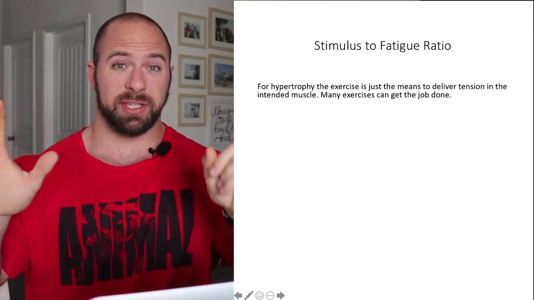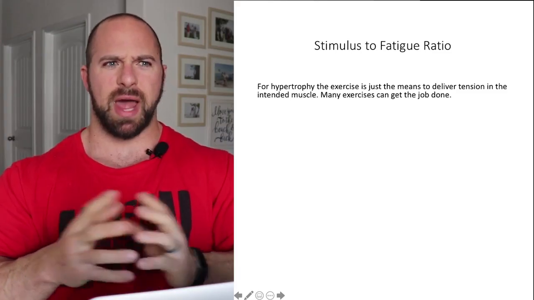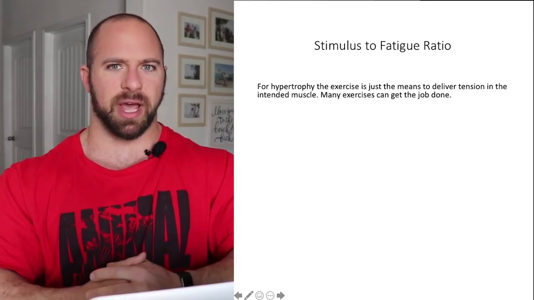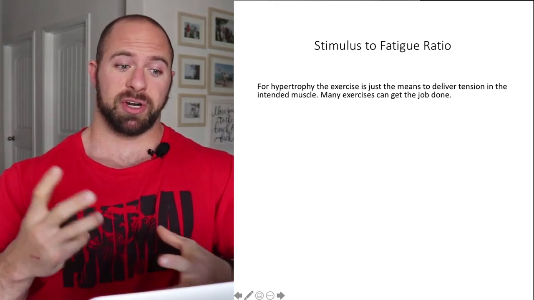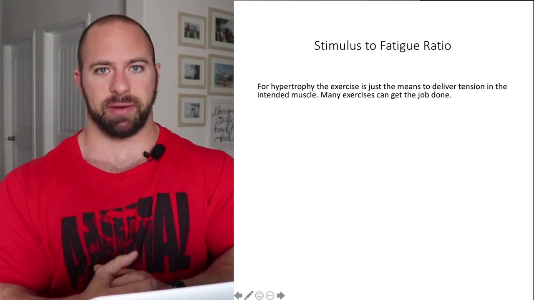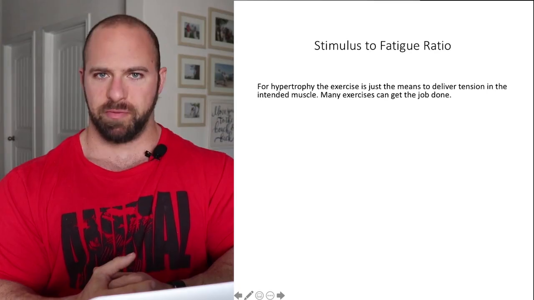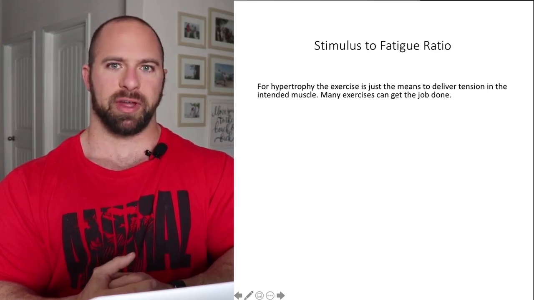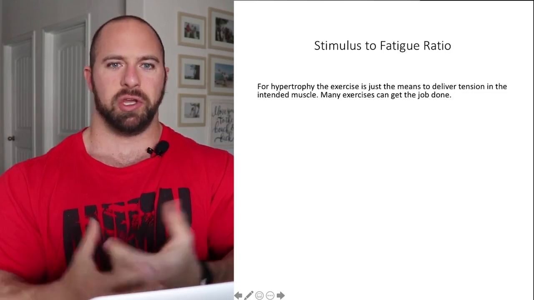Now, training itself has that fatigue component. And so how do we manage that within exercise selection? We have an exercise that's going to deliver a certain amount of tension to the muscle. And we have many exercises that can get the job done, right? So we don't have to get stuck within a certain movement pattern for hypertrophy, which is nice. It's, like I've said before, a very forgiving adaptation. You don't have to squat.